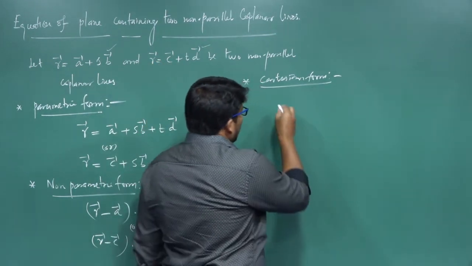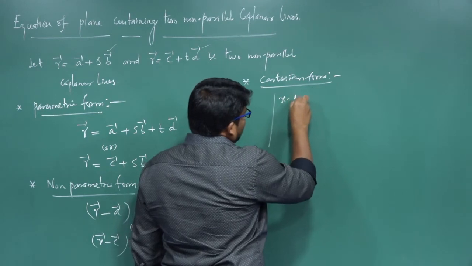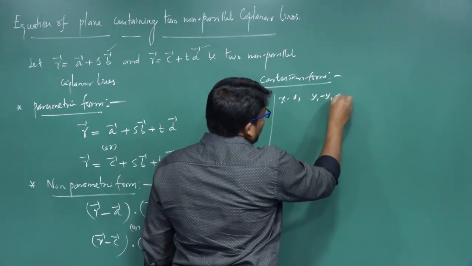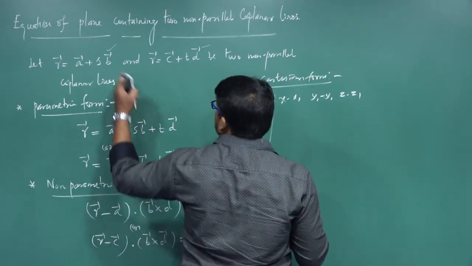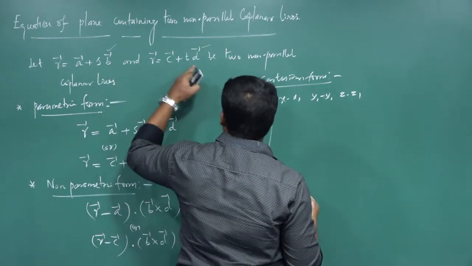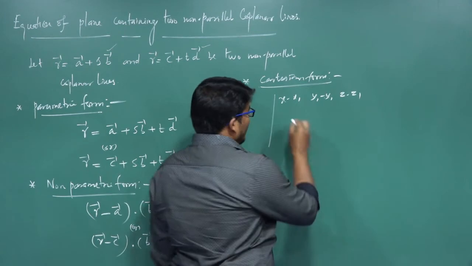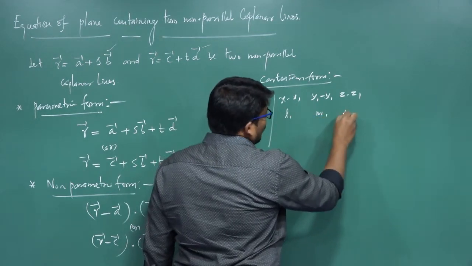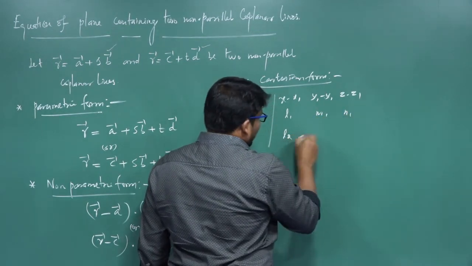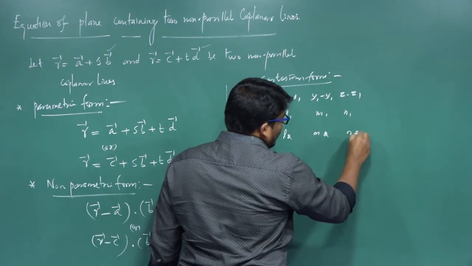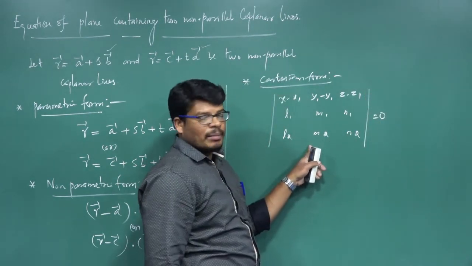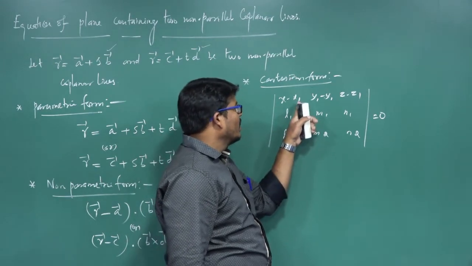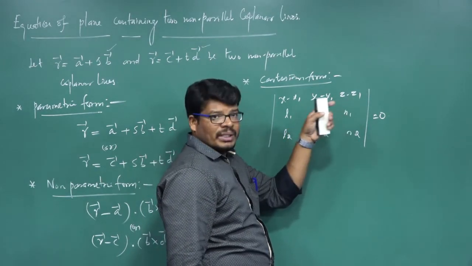Taking the first point, we have x minus x1, y minus y1, z minus z1, and the two parallel directions, b vector and d vector. Now writing the direction ratios as l1, m1, n1 and l2, m2, n2, the determinant equal to 0 is the Cartesian form of the equation of the plane, taking the point x1, y1, z1.